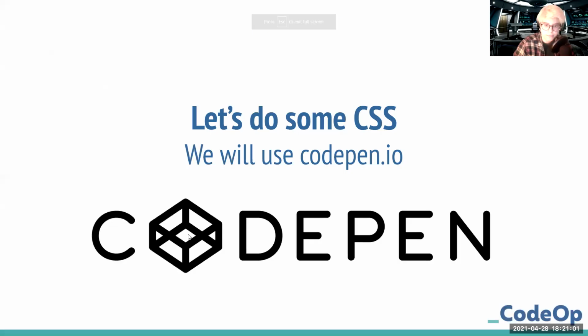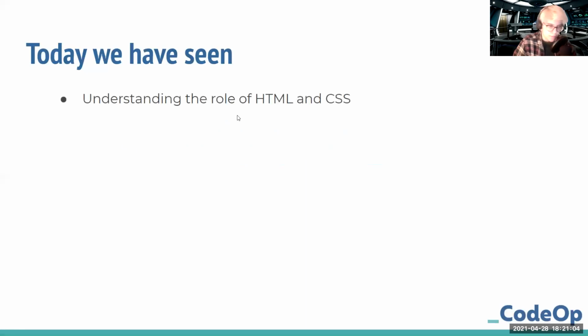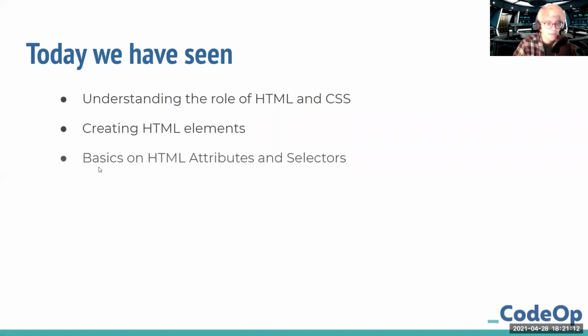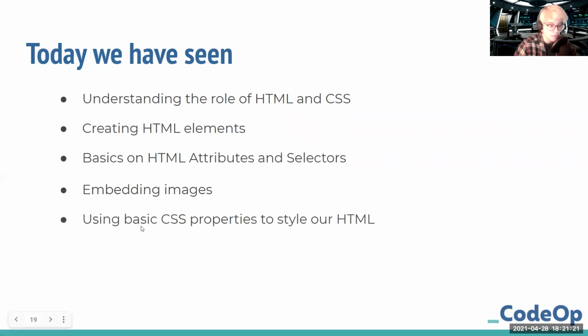And let's take a look at what we've seen today. Let me share my screen again. All right. So basically we've seen HTML and CSS fundamental basics, creating HTML elements, basics on HTML attributes and selectors, embedding images, using basic CSS properties to style our HTML.